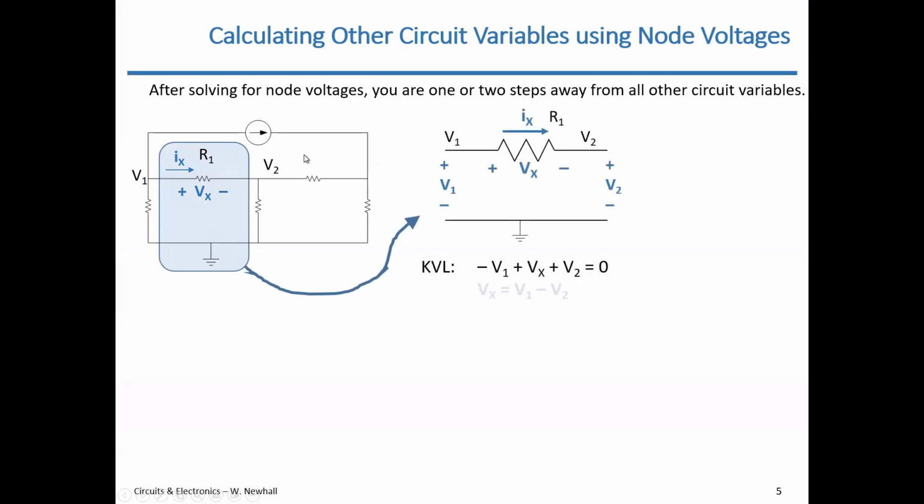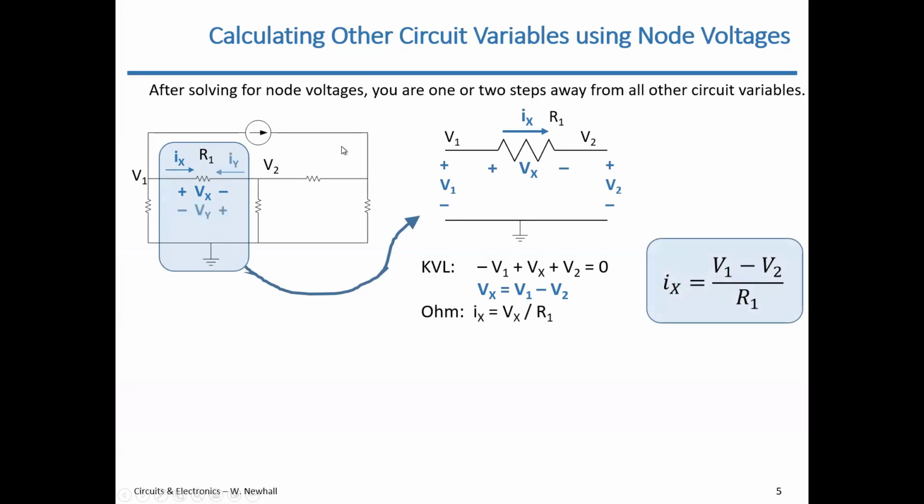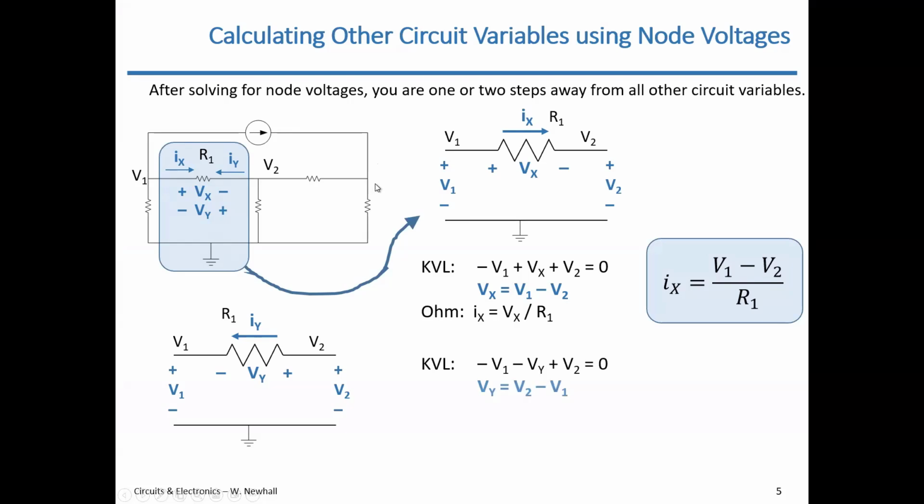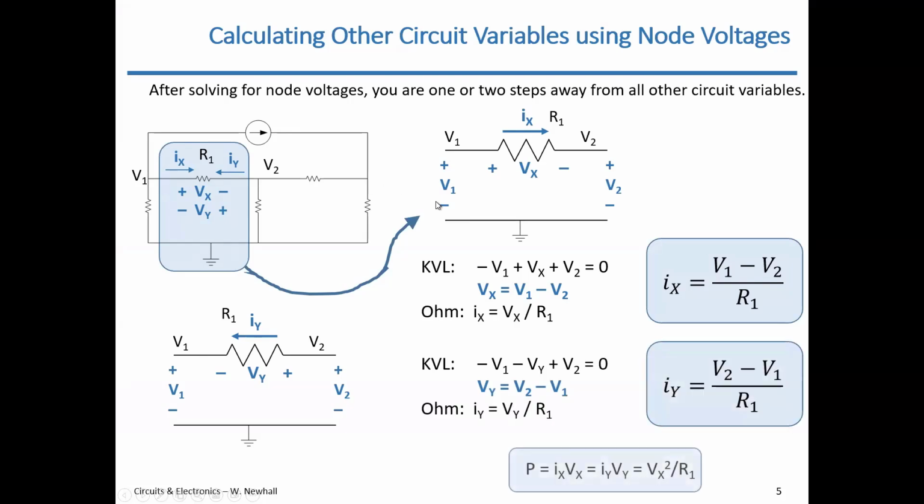And then I mentioned you can solve for other circuit variables when you have all the node voltages. So if only you had a way to solve for all of the node voltages within a circuit, then you're one or two steps away from solving for power and for currents and for voltages across resistors that aren't node voltages.